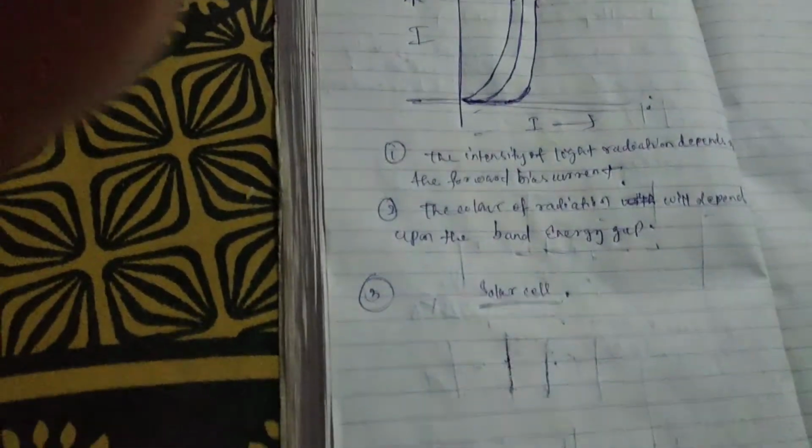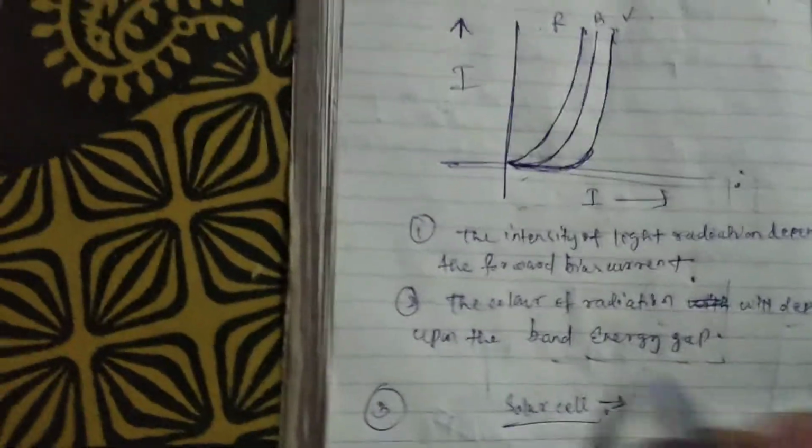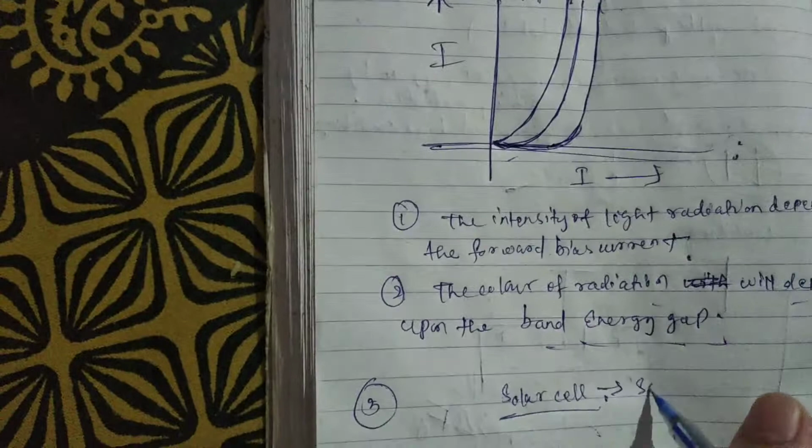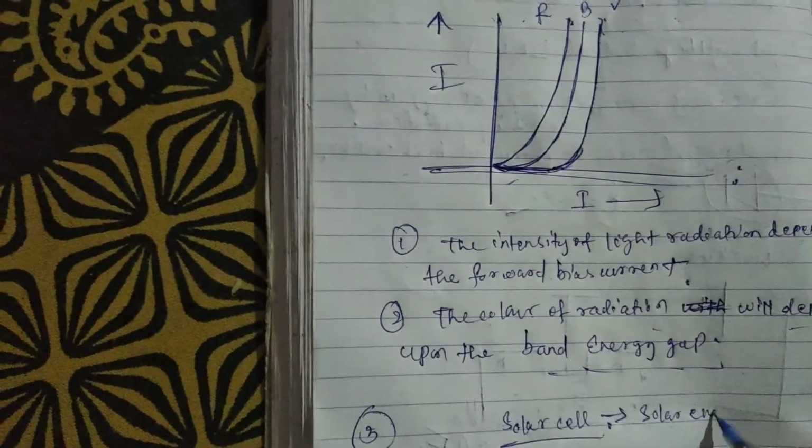So next I'm going to the solar cell. So what is solar cell? Opposite to the light emitting diode, the function of the solar cell is to convert solar energy to electrical energy.